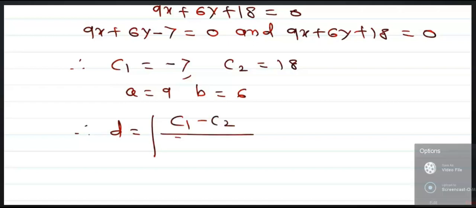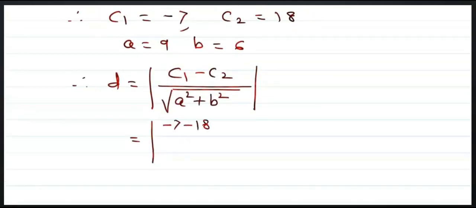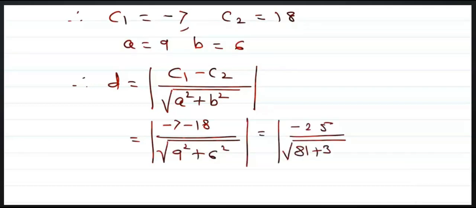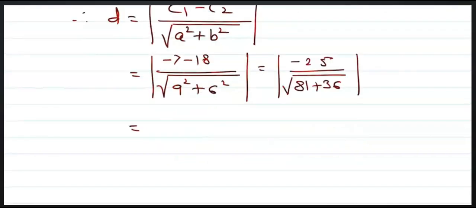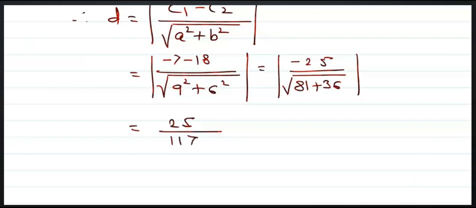This distance is equal to mod of C1 minus C2 upon under root of A square plus B square. Substitute their values. That is mod of minus 7 minus 18 upon root of 9 square plus 6 square, that is equal to 25 upon root of 117.